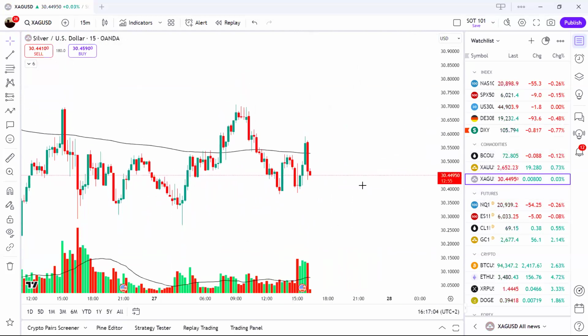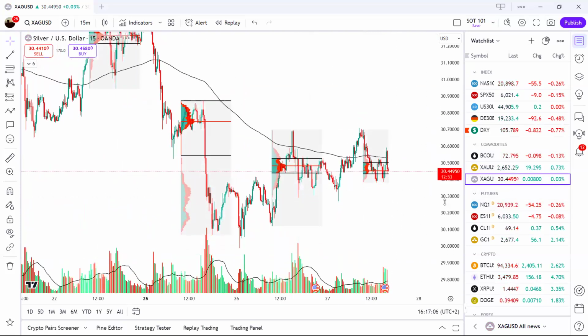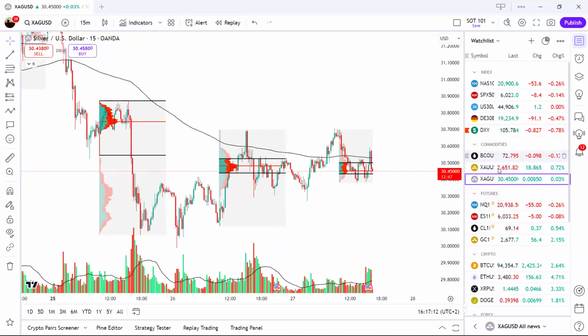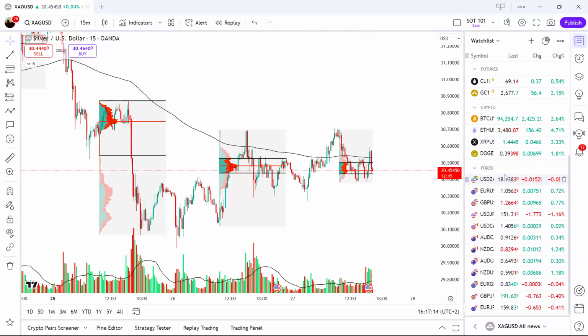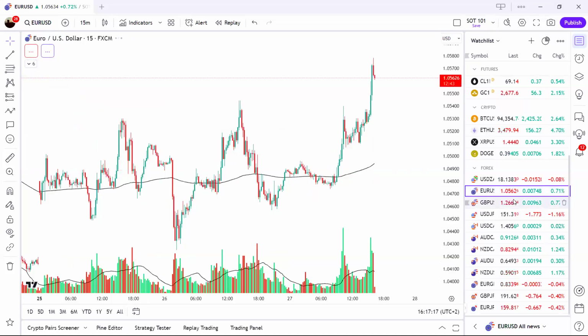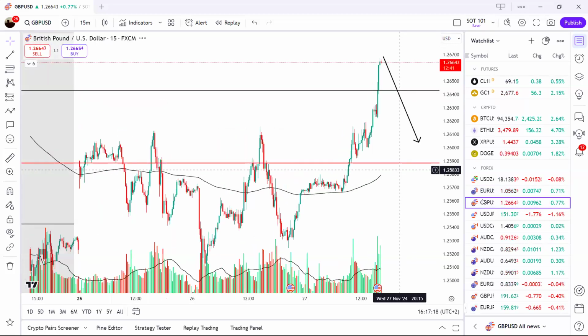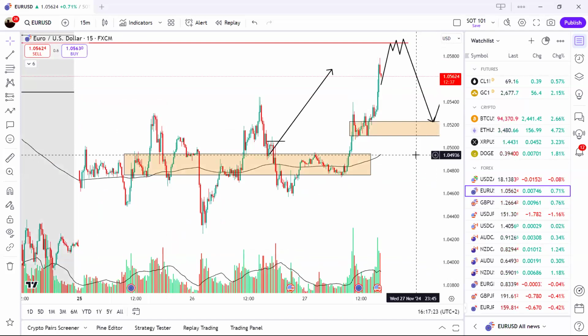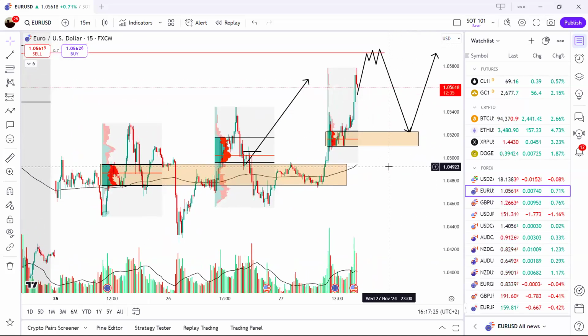Jumping to silver, I'm not really interested in too much on silver. I'm going to say pass on silver. So it's mainly Brent crude, gold, and also EUR/USD and GBP/USD that I would like to take positions out of. So let's see if we can get a nice little trade that plays out.